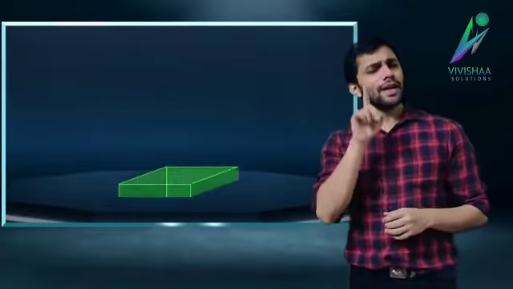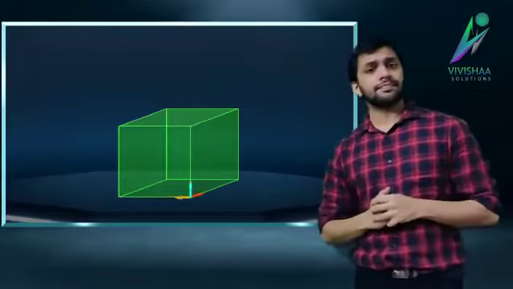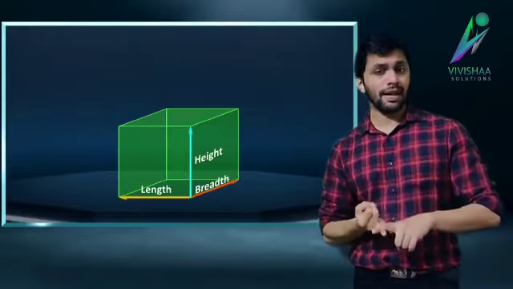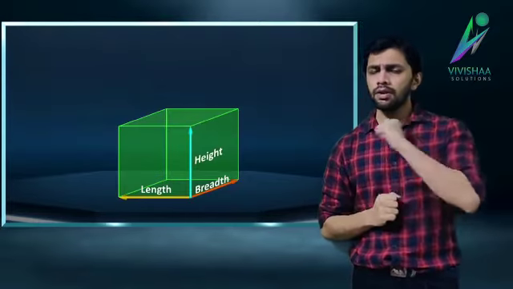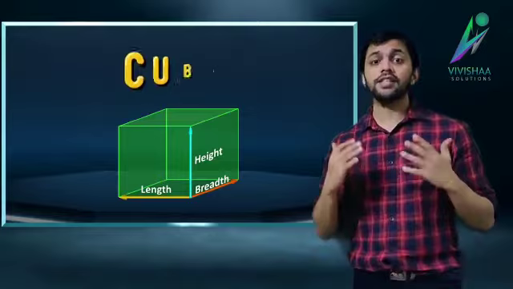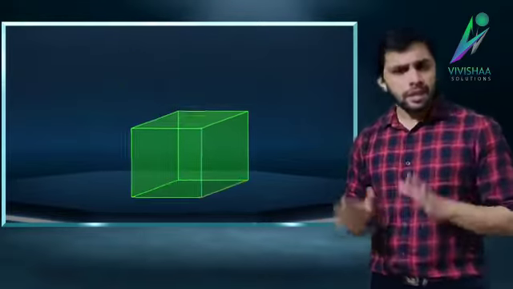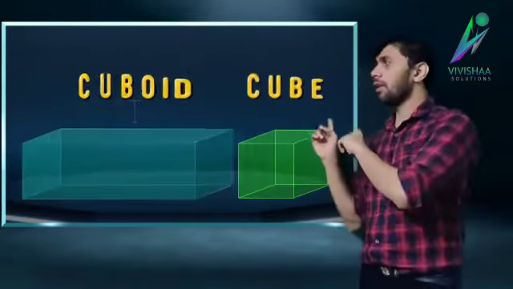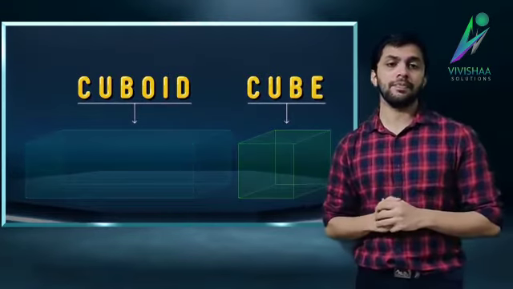Now, let's look at another figure. In this figure, the length, the breadth, and the height are all equal. Such a figure is not called a cuboid, it's called a cube. As you can see, the basic difference between a cuboid and a cube is the shape of the faces, right?